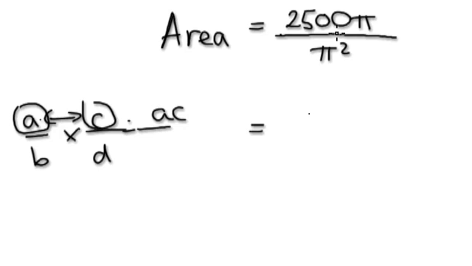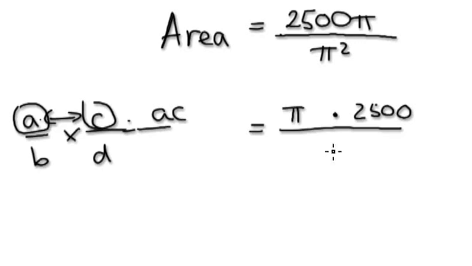Here I'm working in the other direction. I'm going to split up the pi, so it looks like this. And then down here I'm going to do like this. Times pi.